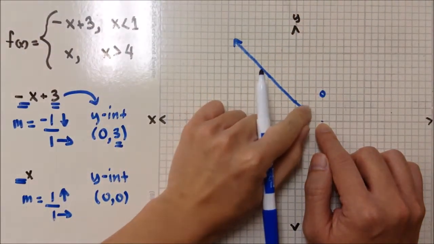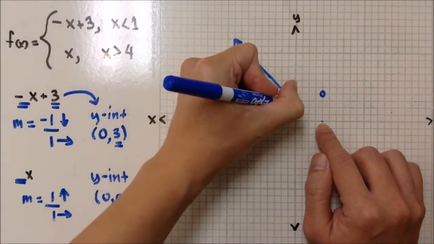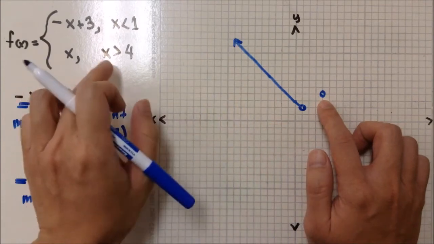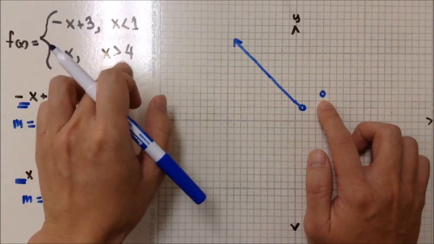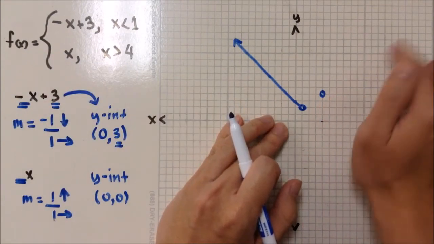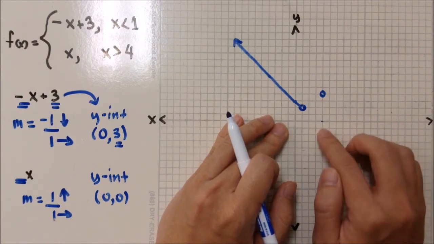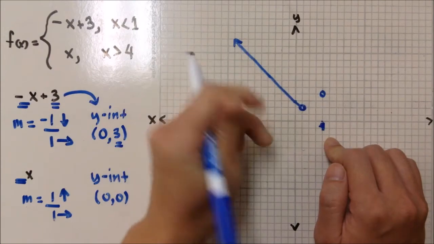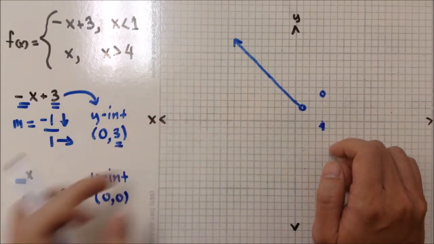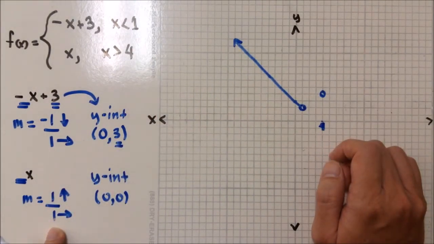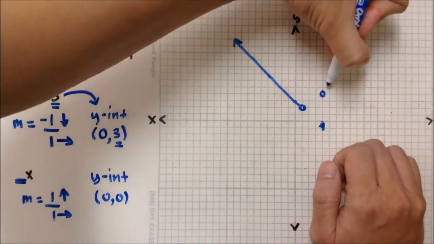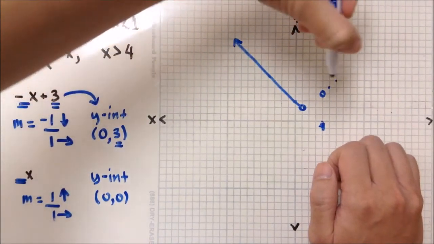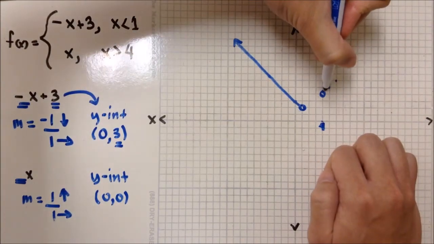Starting from there, when it says x greater than 4, the graph can be seen on the right side of 4. So I could write 4 here. Now, our slope is up 1, right 1. So up 1, right 1, up 1, right 1. Alright, so I'm going to connect the dots and graph.